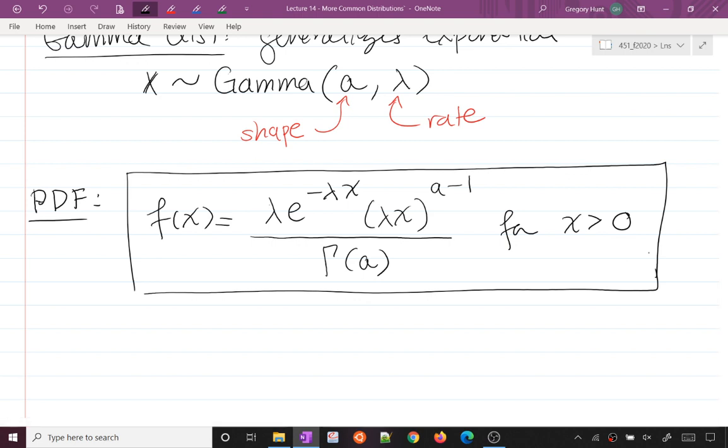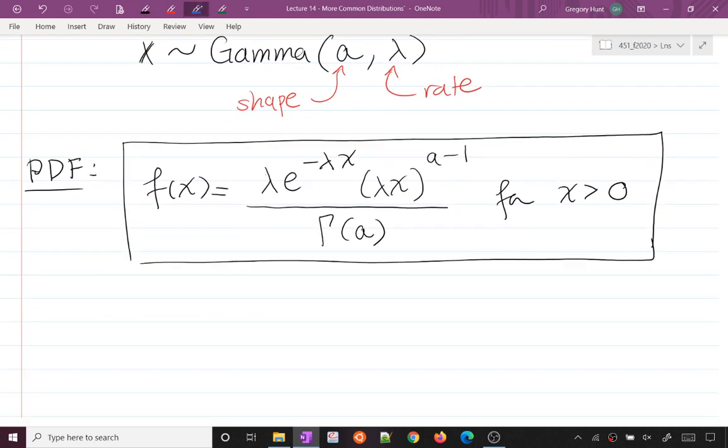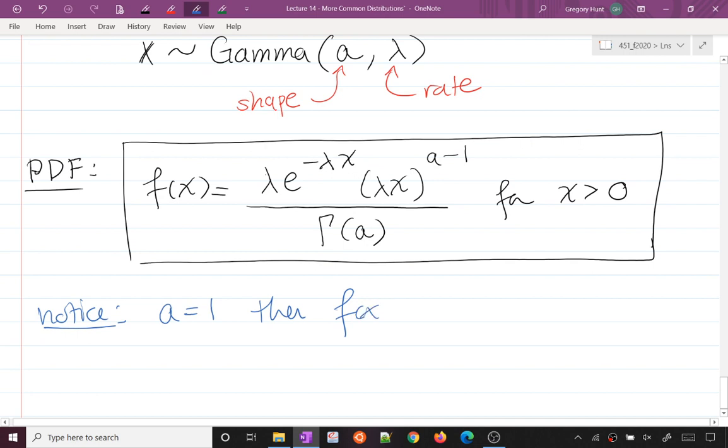And it generalizes the exponential distribution. We notice that when a is 1, f of x is lambda e to the negative lambda x times lambda x to the 0 over gamma of 1, which, of course, is just lambda e to the negative lambda x, because anything to the 0 is 1, and gamma of 1 is 0 factorial, which is 1 also.